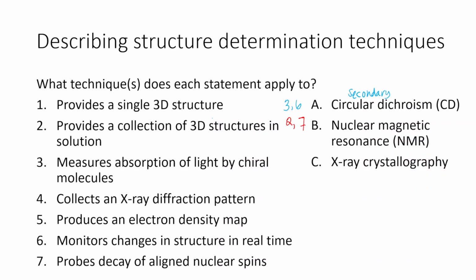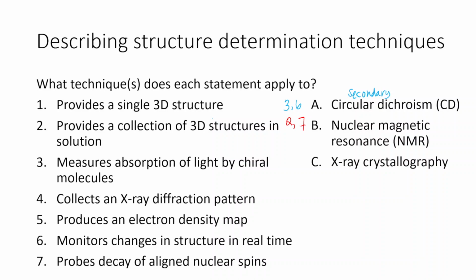Because NMR is measured by looking at proteins in solution, NMR can provide you with a whole collection of all the different possible structures you would see with that protein. Because NMR is telling us the relative distance in space that the protons have from each other, it's sort of an average of all of those 3D structures that we might get.